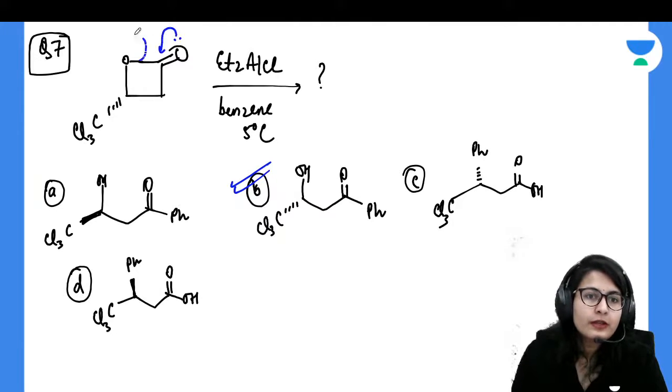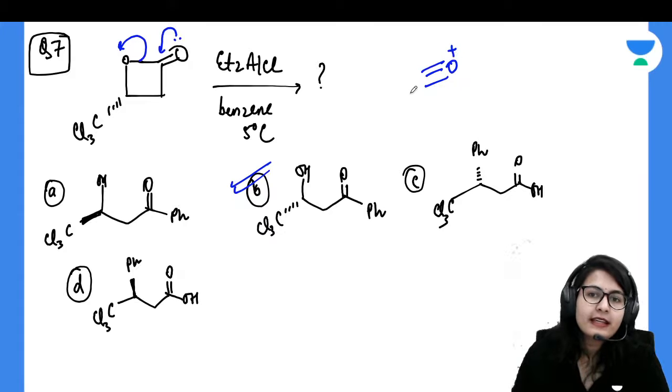It's going to help this bond in breaking. As always, you are generating acylium cation. This is O minus. So AlClEt2 goes with the O minus, your CCl3.